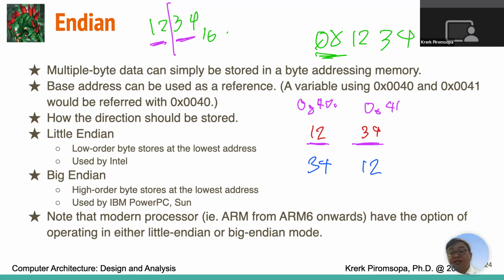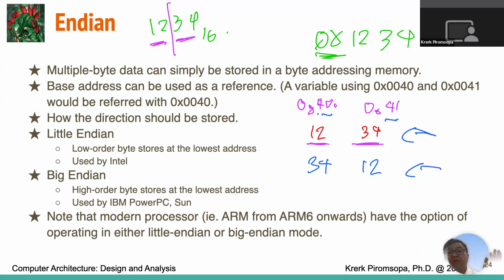To get this base 16 number with 2 bytes, I have to read 2 bytes and put them together. But when we put it down in memory, there are 2 ways to put it, this one and this one. This is the lower address, 40.